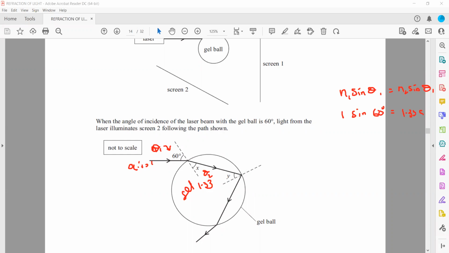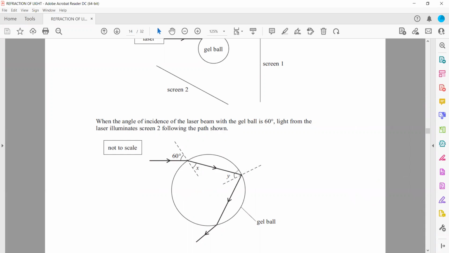We don't know the angle, so we are finding that, which is angle x. So sine theta 2 is sine 60 divided by 1.33, and then we take the sine inverse to get the value for x, which is about 40.6. So x is about 40.6.